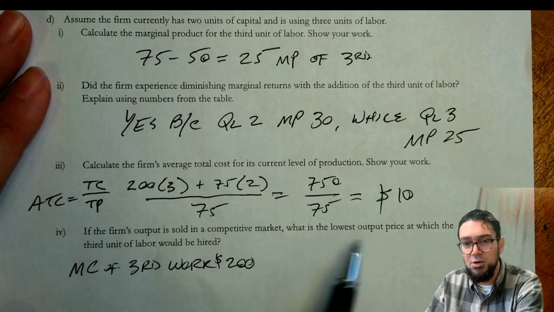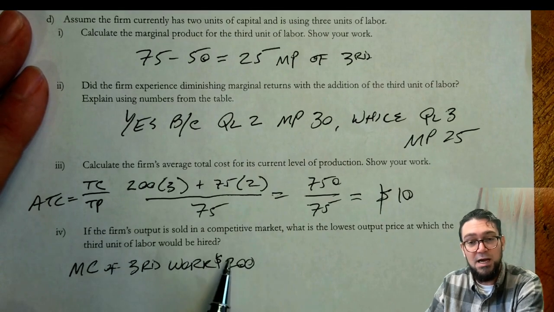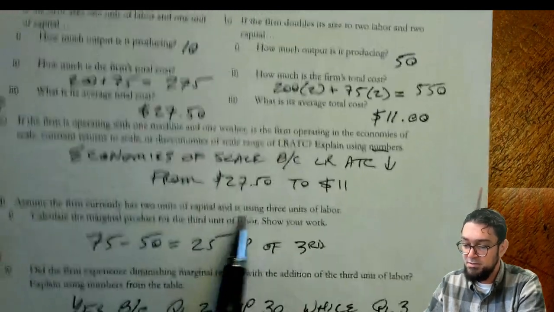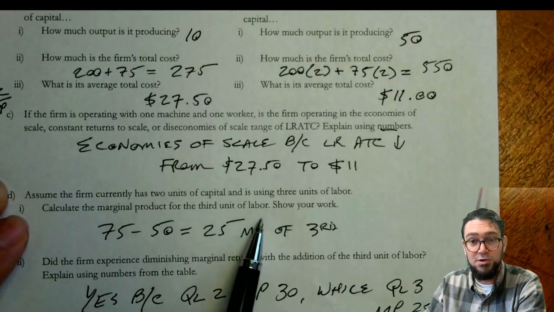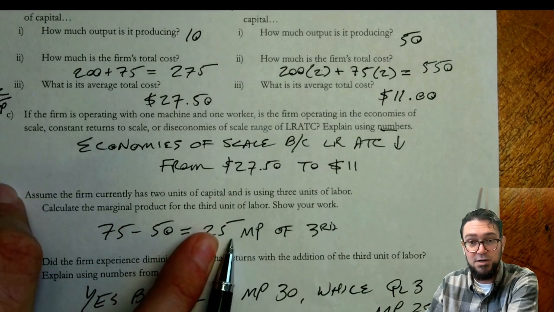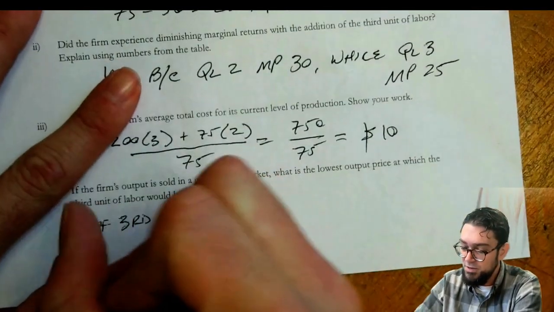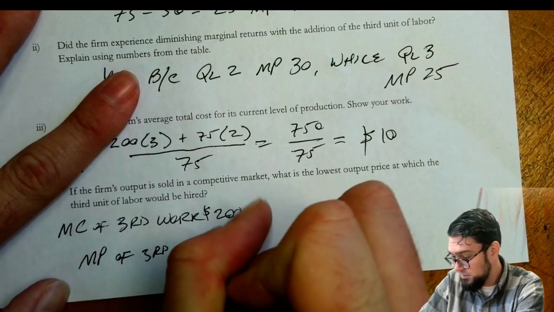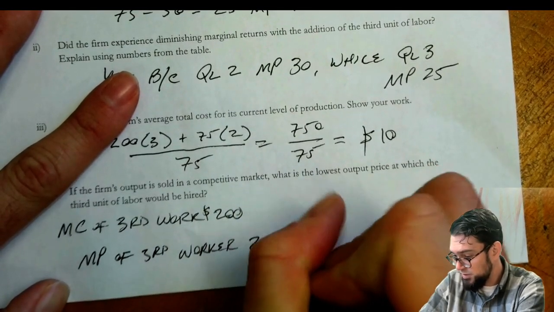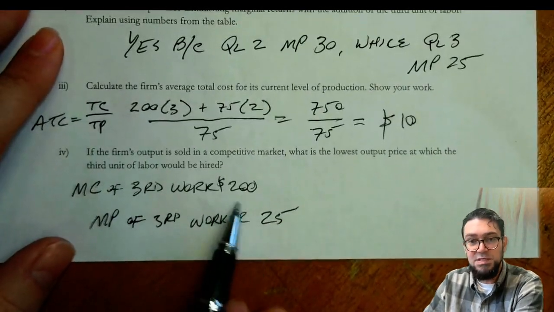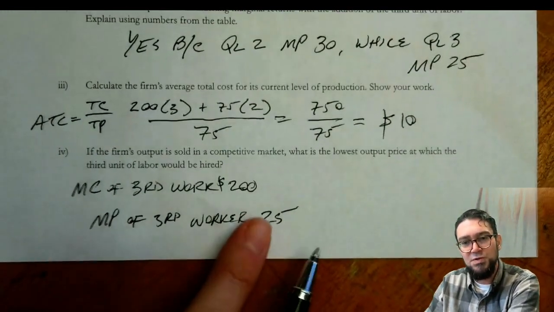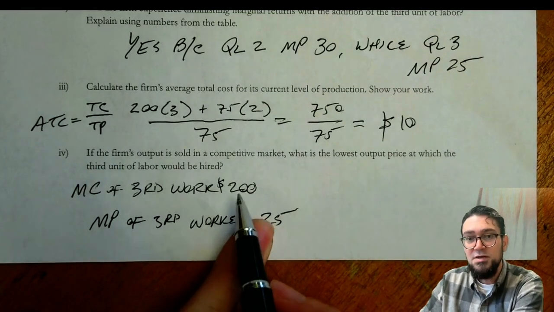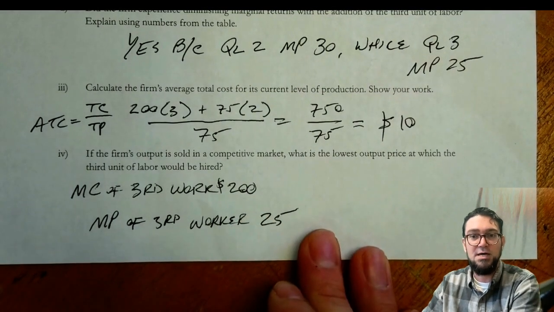right? And it says, what's the lowest price at which that third worker would be hired? So let's think about, well, how much did that third worker generate? We actually solved that already. The third worker generated 25 marginal product. And so if we know the marginal product of the third worker was 25, you can use these two numbers and think about how much would these 25 units have to have sold for to justify paying that worker $200, right?